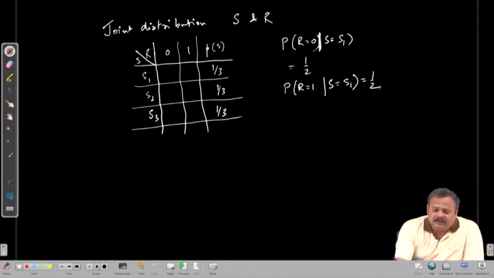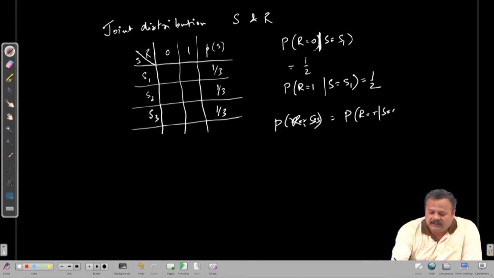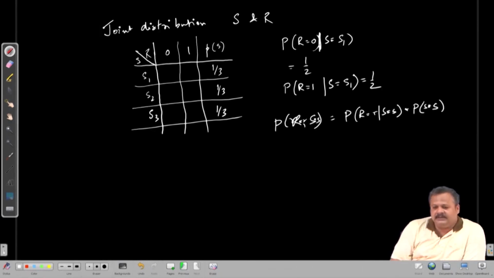So the joint probabilities, you simply multiply by the probability of S equals S1. That is, P of R equals little r, S equals little s, equals the probability of R equals little r given S equals little s times the probability of S equals little s. This is from the definition of joint and conditional probability. So, we have 1/6 and 1/6 here.